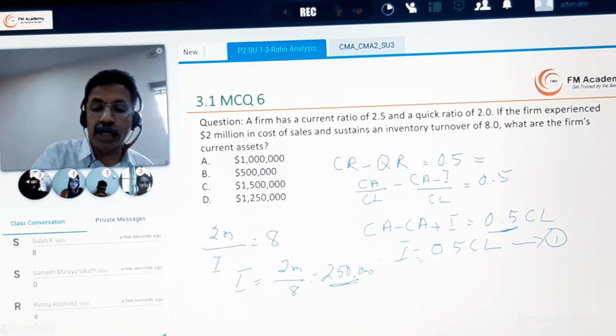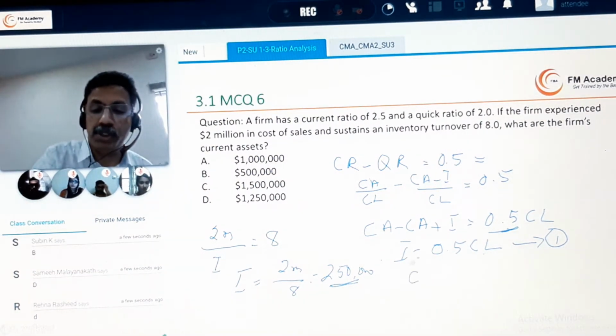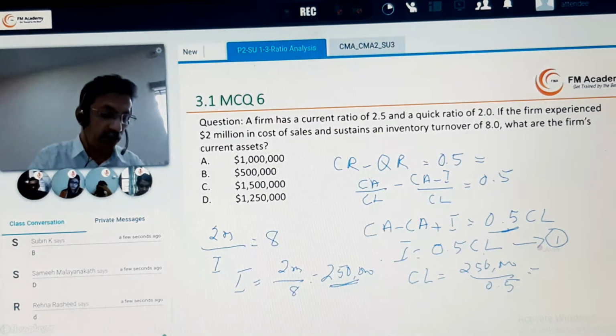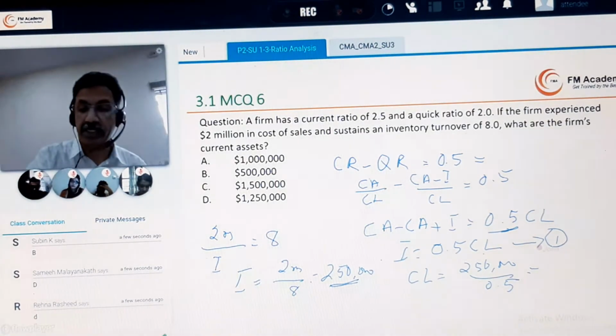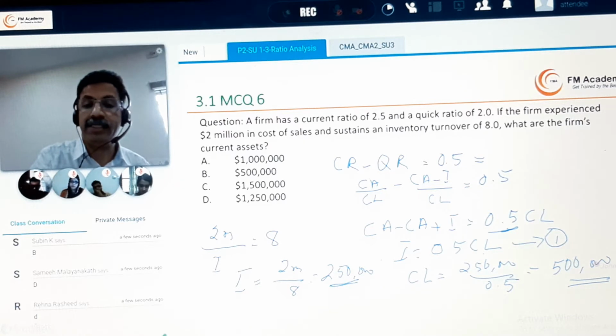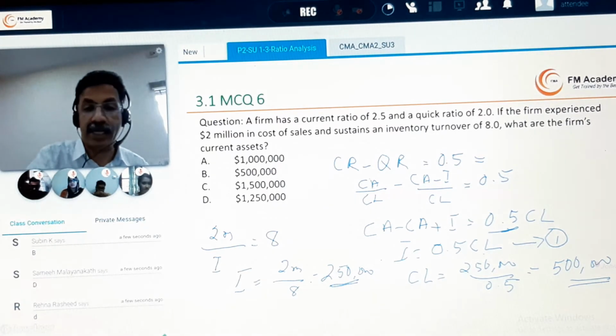So current liabilities, from this equation, is equal to 250,000 divided by 0.5, which is 500,000. You can use that in the current ratio or quick ratio.